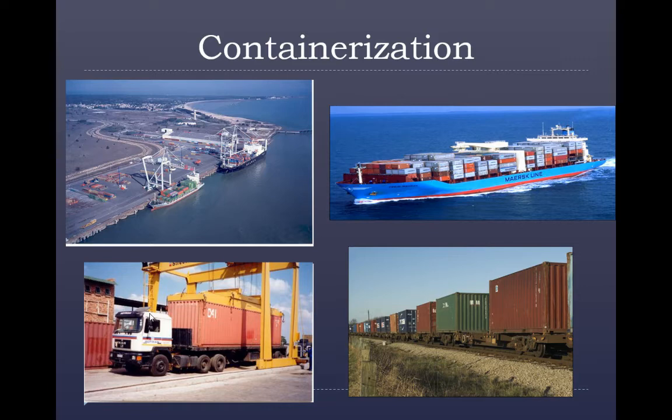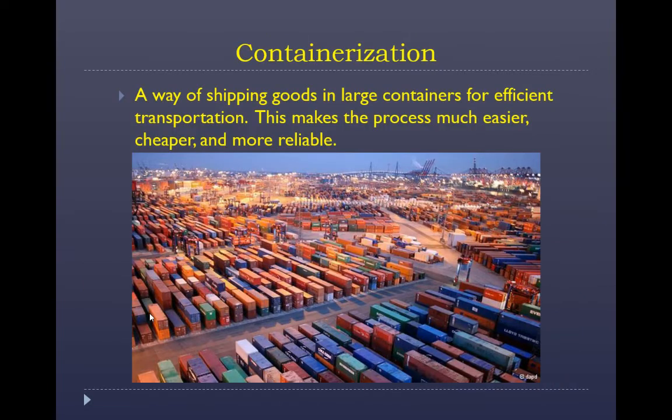That way, they can easily be taken off of boats and put onto transport trucks, trailers, and onto trains and things like that. And so containerization has allowed for easier and cheaper and more reliable free trade between countries and has made the world more economically globalized.